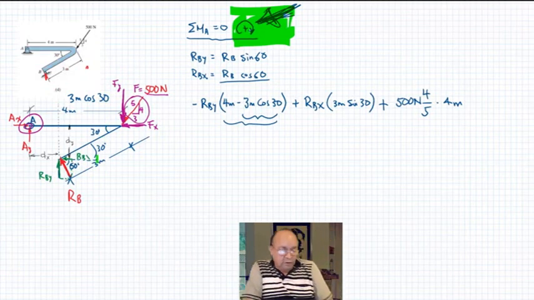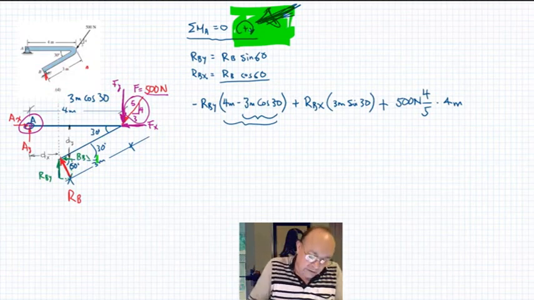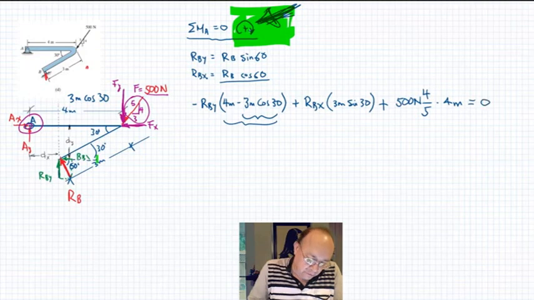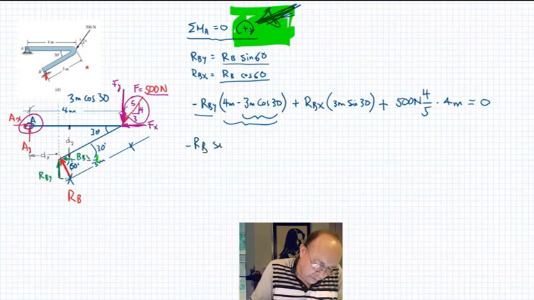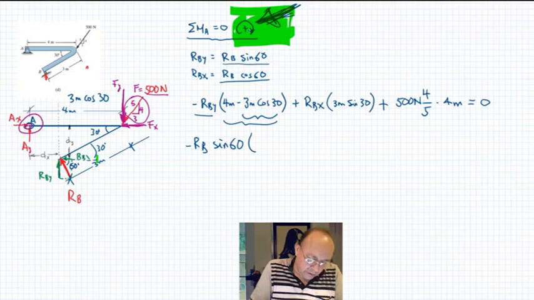So we can close our equation and set this equation equal to 0. So we get here what? RBY, which is RB sine 60, times 4 meters minus 3 cosine 30.